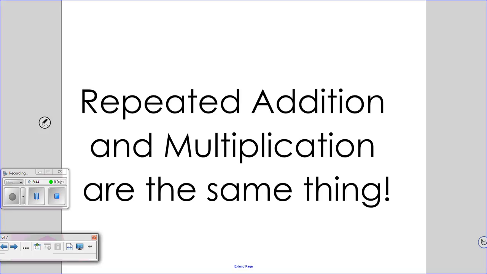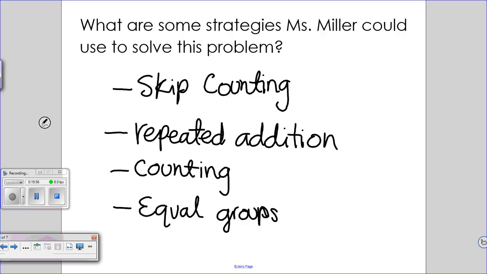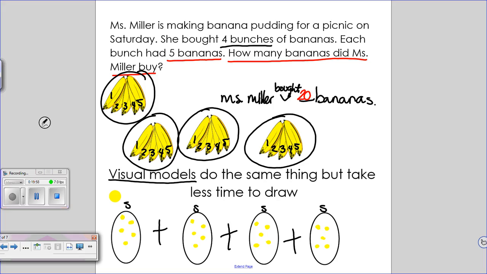So let's see if we can make a multiplication equation. Let's go back to our problem. If you need to copy it, look at a neighbor. So we had 4 groups, and each group had 5 in it.